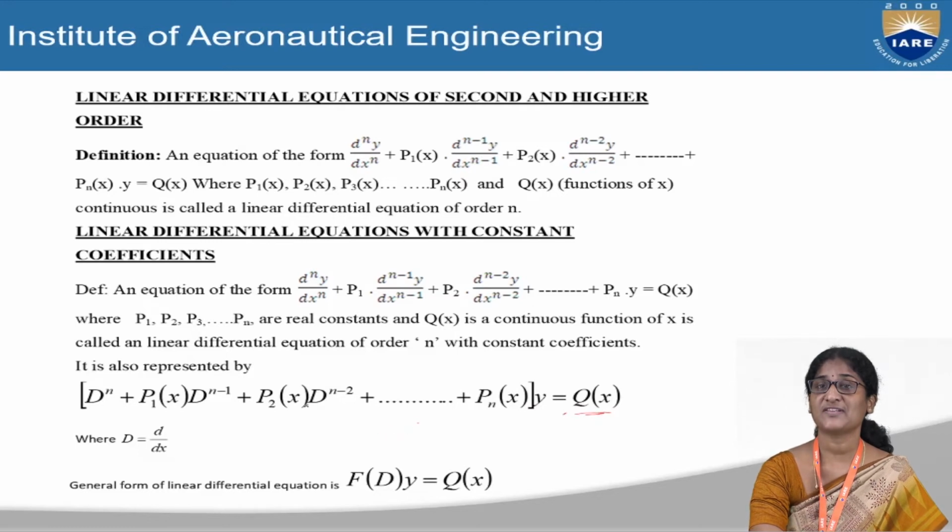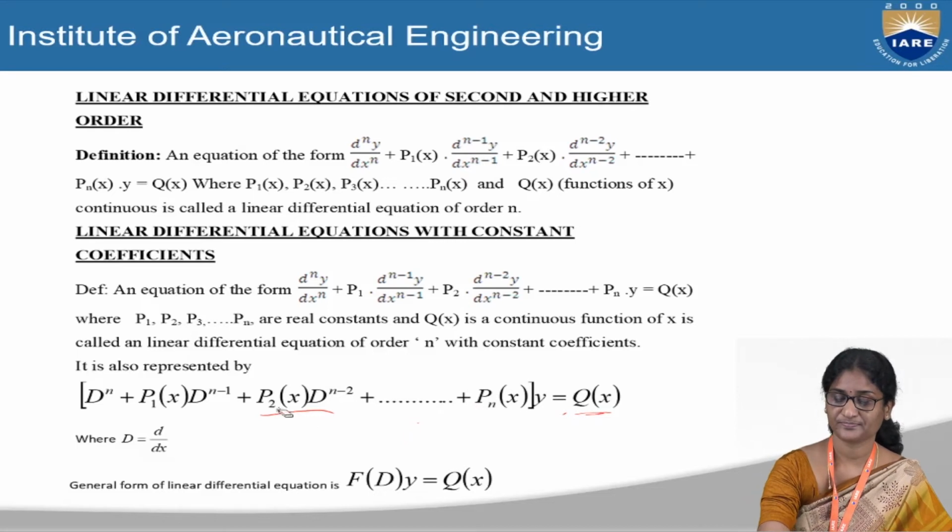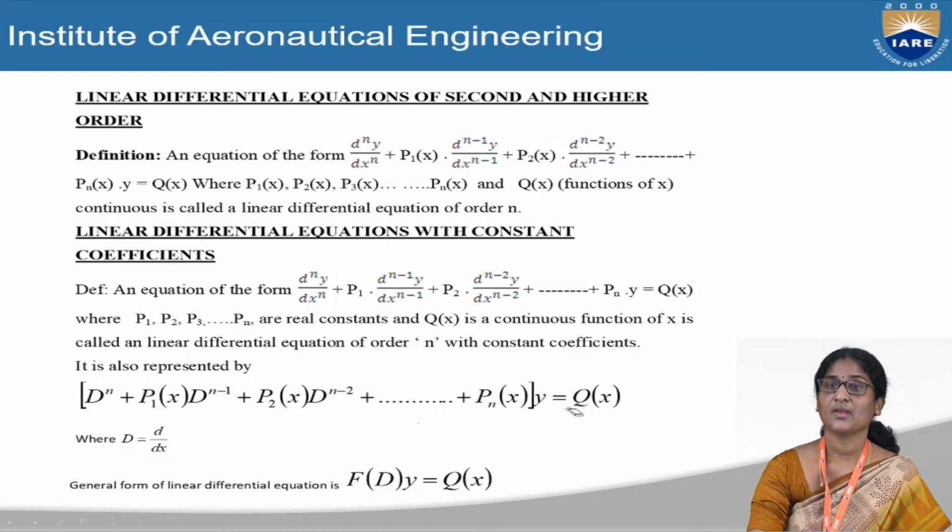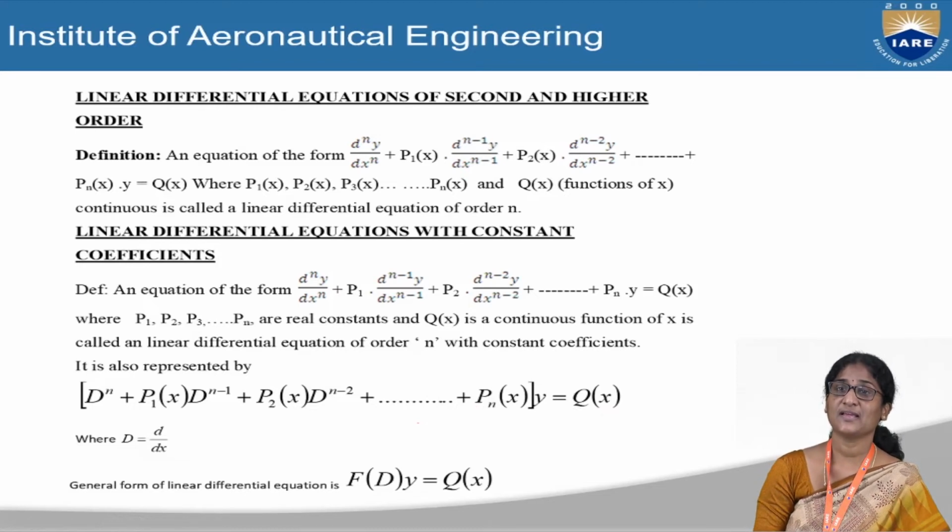So first of all, whatever question you have, you have to change it into this standard form, then move further for the solution of the differential equation. The general form of a differential equation is f of D into y is equal to q of x.